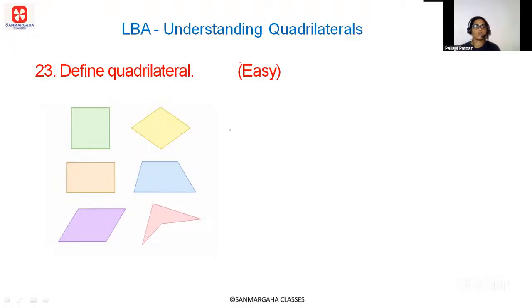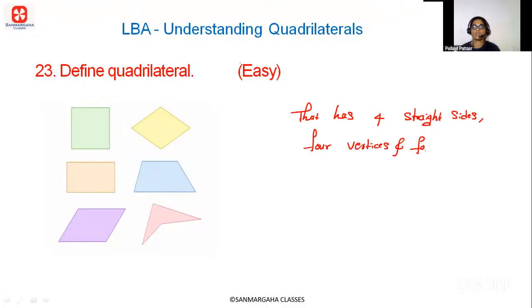Okay, so here a quadrilateral is a two-dimensional polygon that has four straight sides, four vertices or corners, and four interior angles. The sum of its interior angles is 360 degrees.